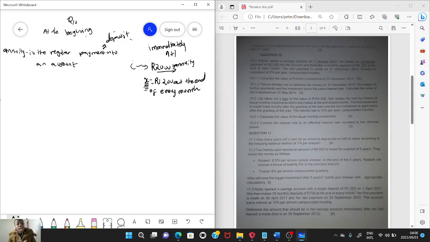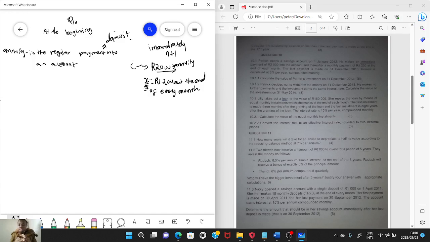And then if 1.2 is the regular payment, it simply means that we check on 1.2 whether it's made at the beginning of the month or at the end. And 1.2 controls. So if 1.2 is made at the end of the month, it's an ordinary annuity. If this 1.2 is put at the beginning of the month, therefore, what happens?